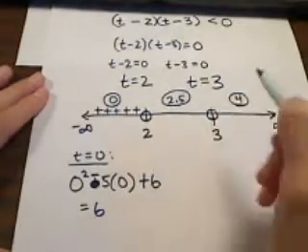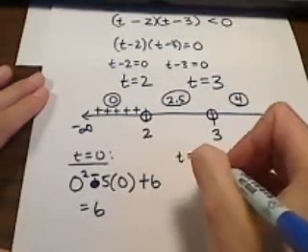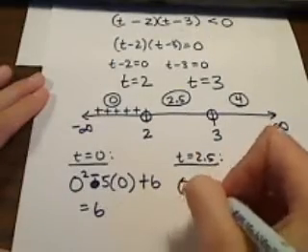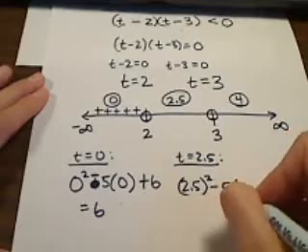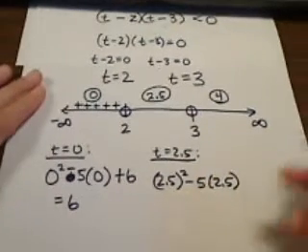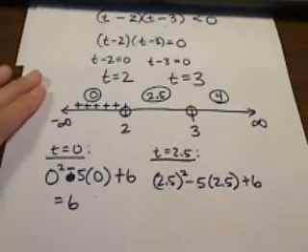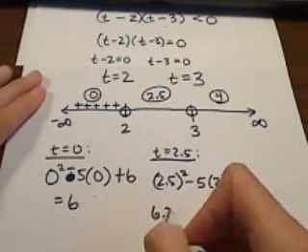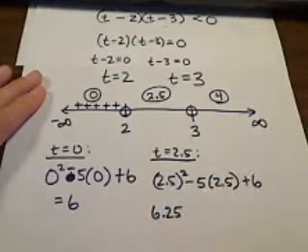Okay. In this interval, I choose t equals 2.5. So when I plug that in, I get 2.5 squared minus 5 times 2.5 and then plus 6. Well, this ends up being 6.25, that value right there.